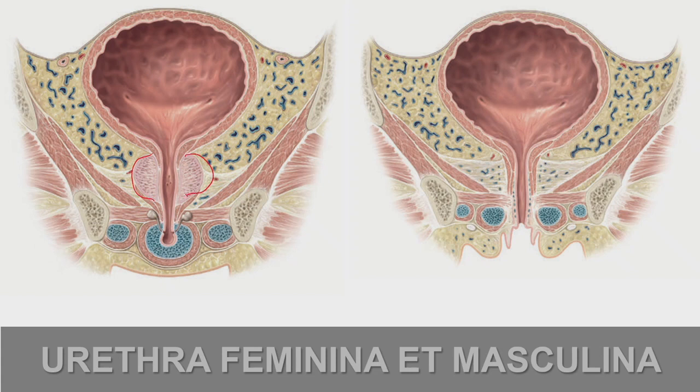Male has the prostate here, and up to this level, up to perineum, this is the only difference in the prostate. But the general composition of those structures is very similar. But in female, we can observe here also something which is called the Skene gland.